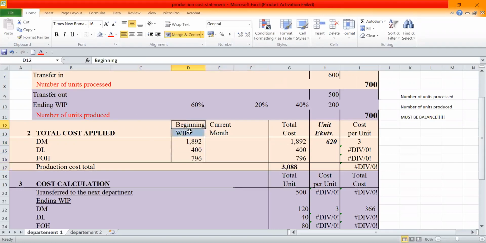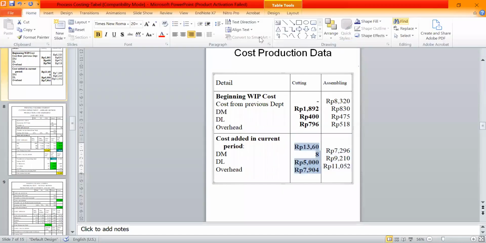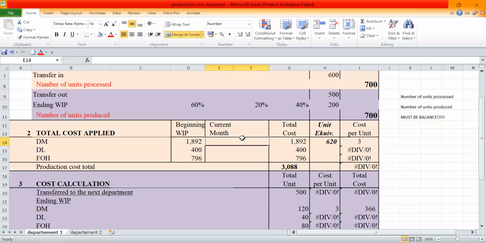Right? So this is the beginning work in process cost information. And then for the current month or for the transfer in unit, the information is here. We put it to the cells.